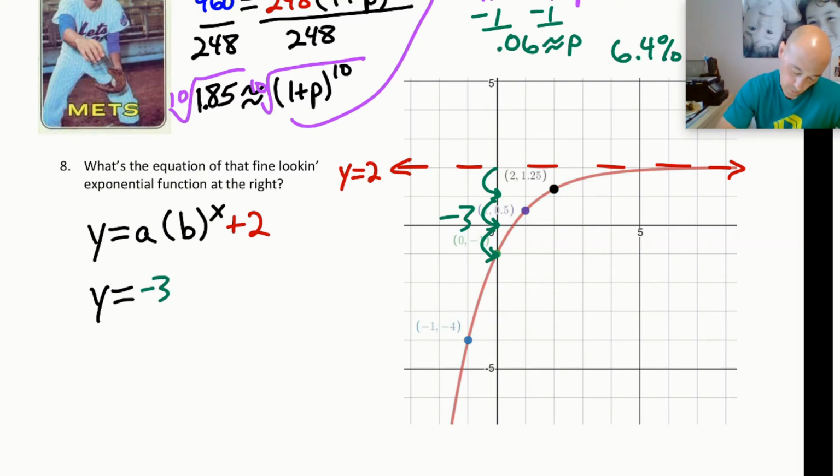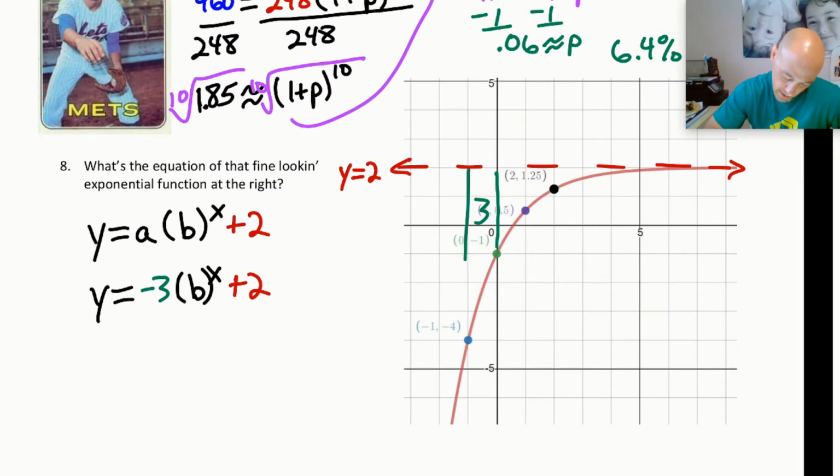So I have y equals -3 times b to the x plus 2. The next thing is my multiplier. I can see that this distance is 3, and this distance is 6.